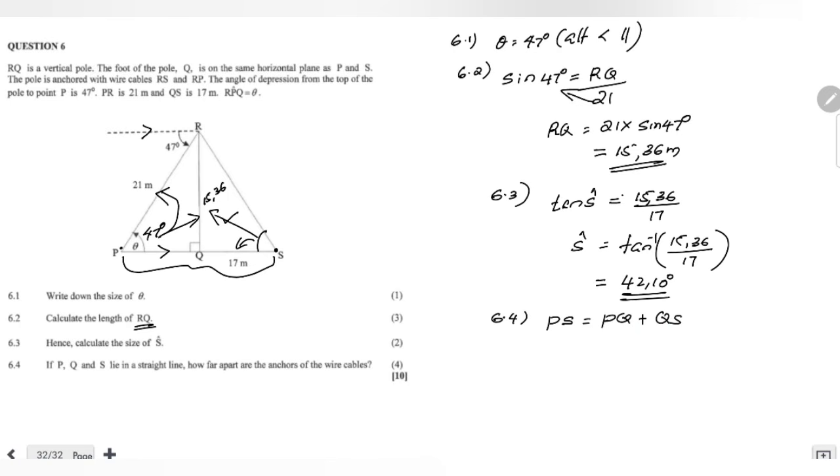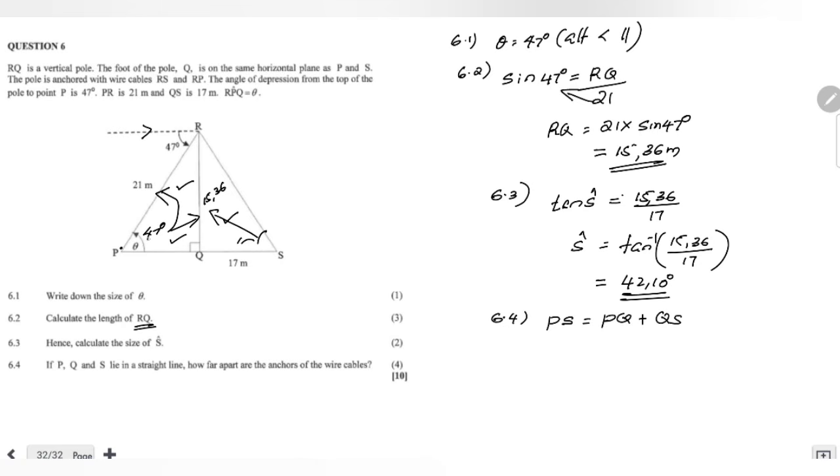Do you agree that from here to here, that is PQ plus QS, isn't it? So already QS is there. If I know PQ, then I just add PQ and QS, and I will get the answer. So let me find out PQ. Is it possible to find PQ? Yes. See, PQ is part of this right angle triangle, isn't it?